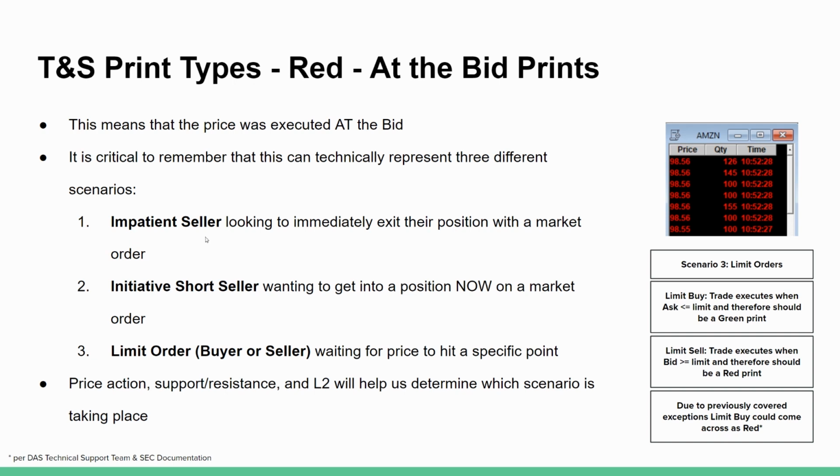Or if you have mostly initiative short sellers that are essentially selling to patient buyers, there's always the chance that you get a squeeze. So understanding which of these participants is dominant or the most common, based on where you're currently at in relation to all of these other indicators and other tools you have at your disposal, will give you a better understanding of what could happen next. All right? So that is at the bid, red prints.